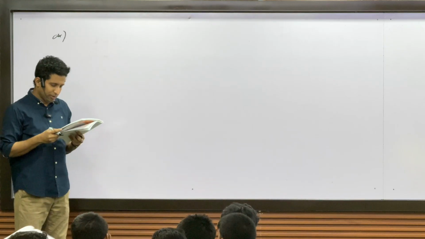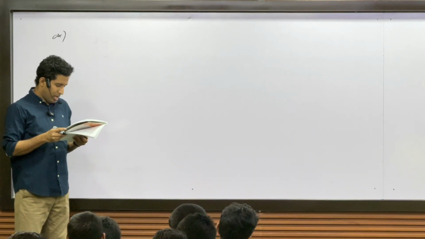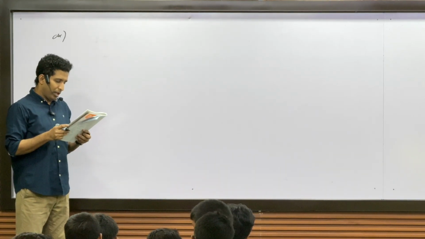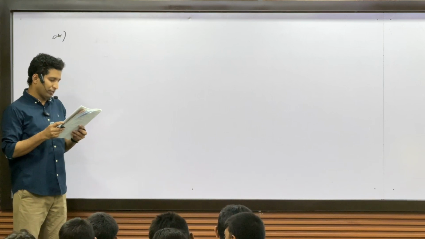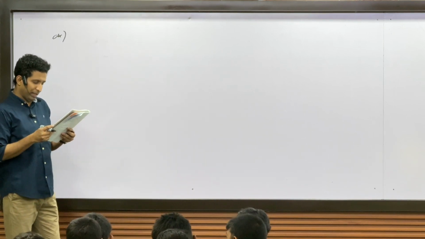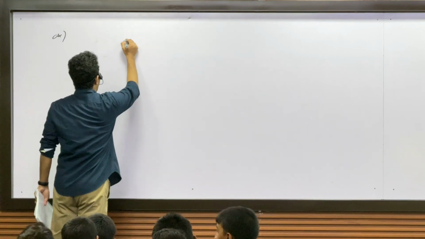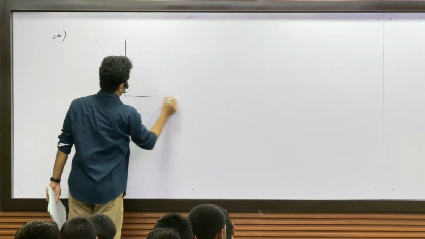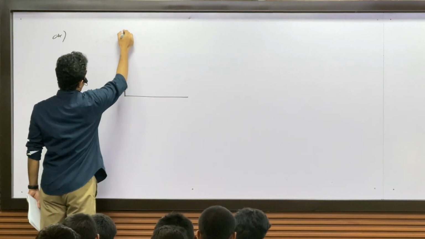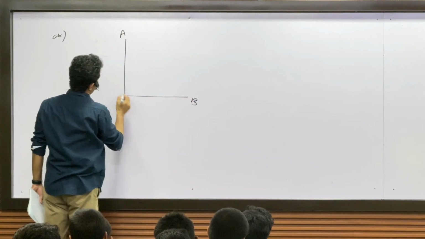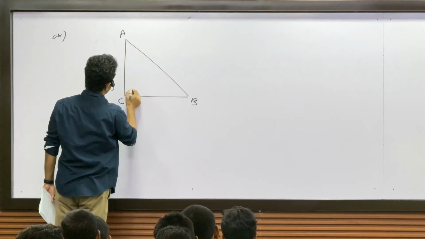Now here they have given C is the right angle and ABDE is a square with center C and length of a side is AB. Here you can see that ABC is an isosceles right triangle.